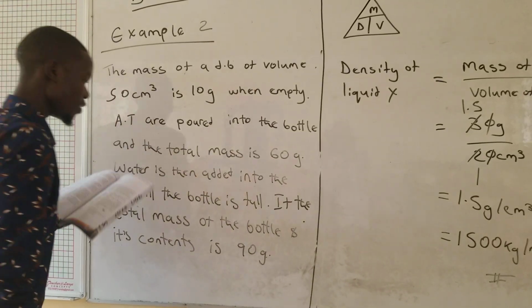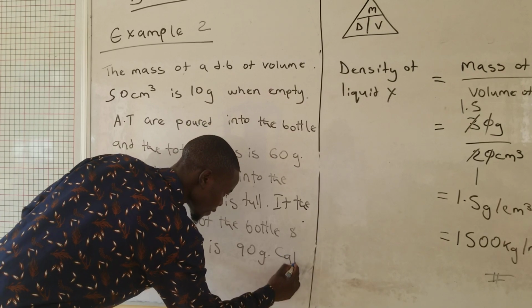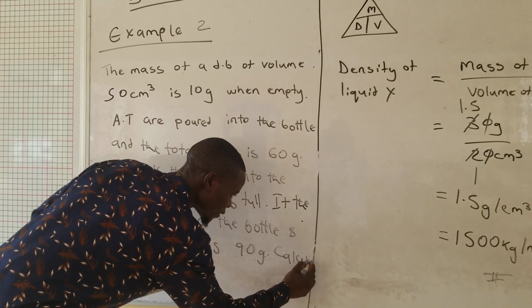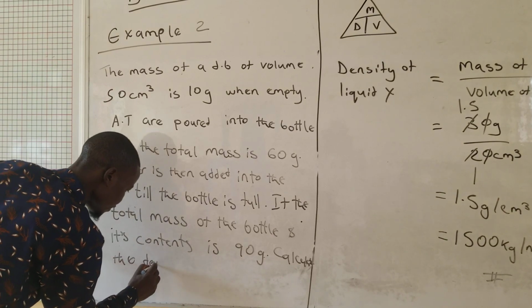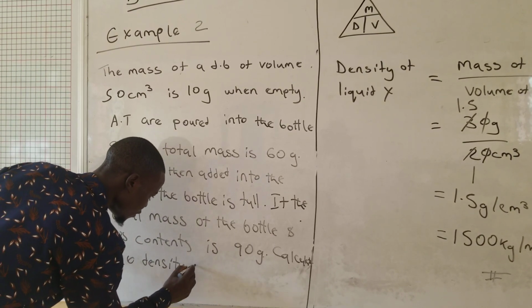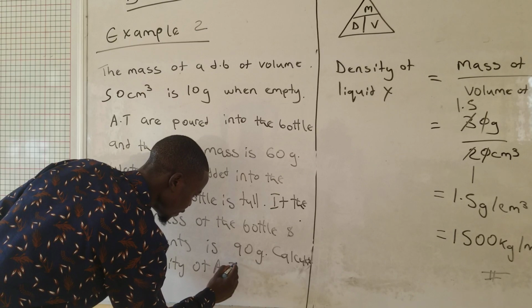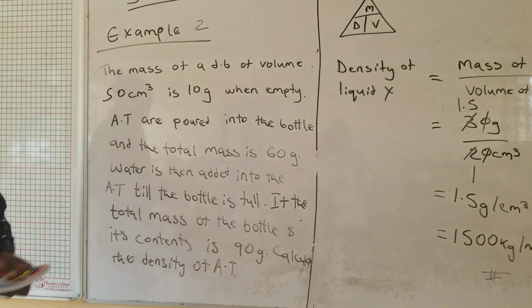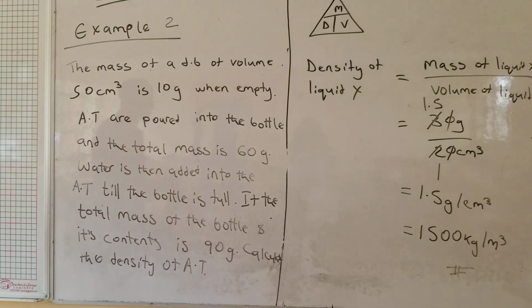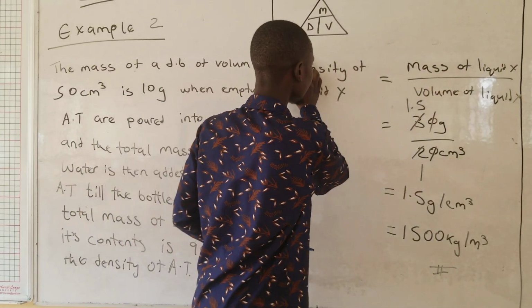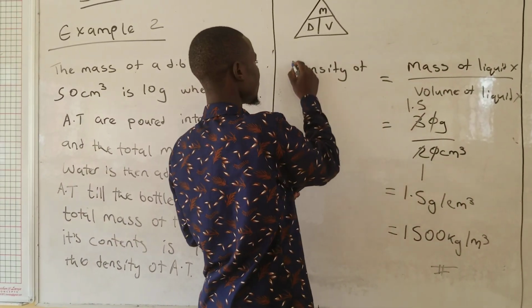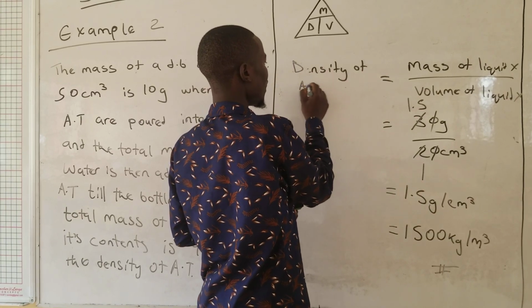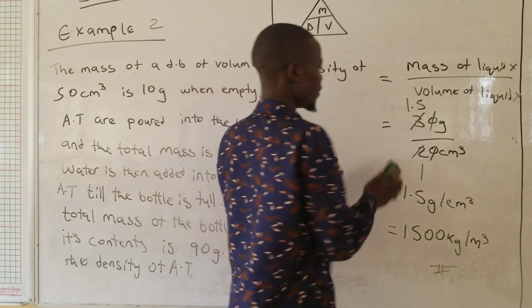Calculate the density of AT, aluminium tannings. So let us write here solution. So let us write density. This is now density of aluminium tannings, AT.